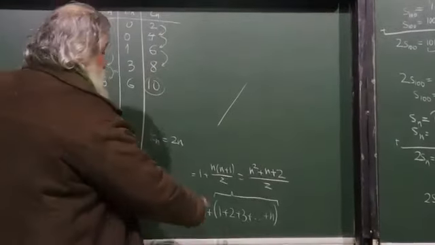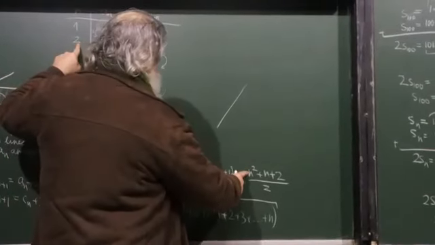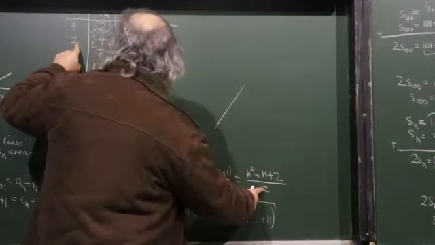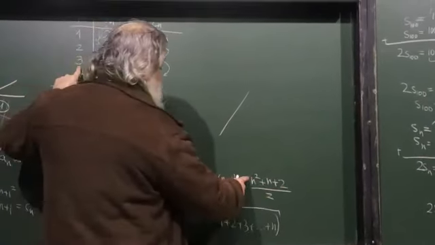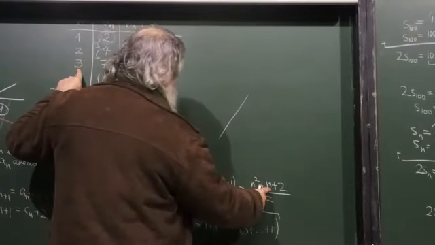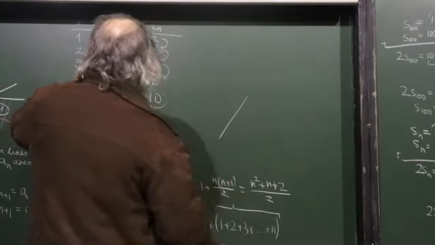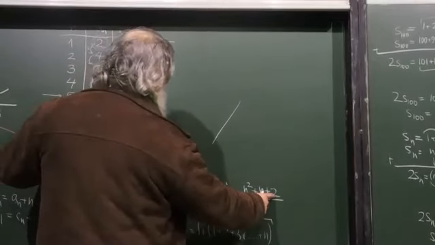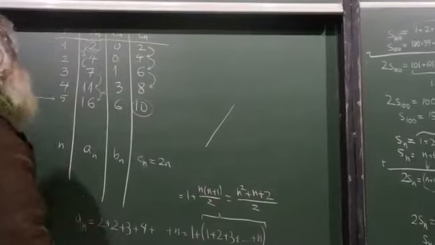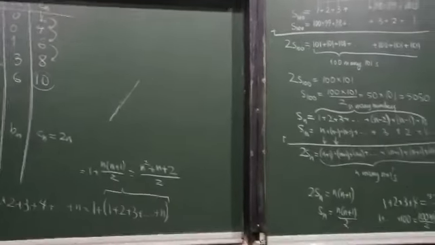If n is 2, 2 squared is 4, plus 6 plus 8 divided by 2, 4. If n is 3, 9, plus 3, 12, 14 divided by 2, 7. If n is 5, 25, 30, 32 divided by 2, 16. Okay. This was the first question.